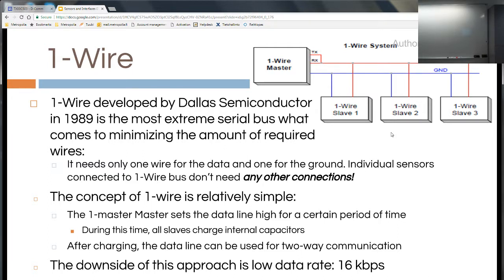One carries the data and one is the ground. It is also designed so that the data wire is also used to power up those sensors. Usually you don't need much power for any sensor technology. They are very low power in principle. So it means that even 1 milliamp is enough to power up a OneWire sensor.